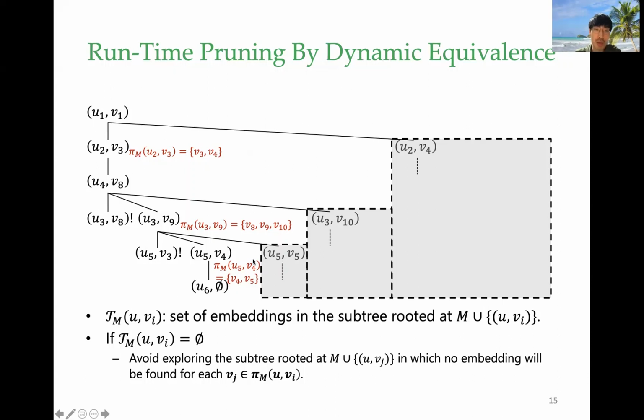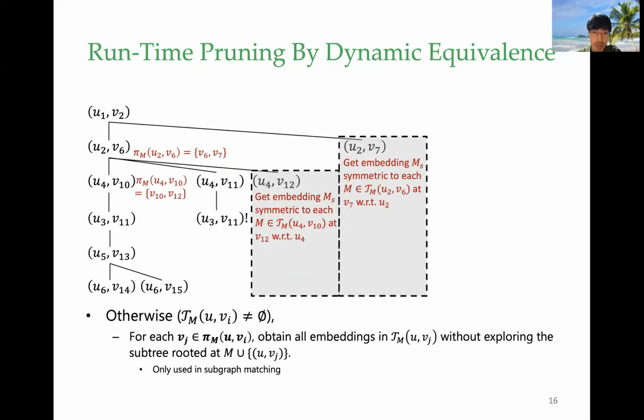So we simply skip mapping U5 to V5 and backtrack to U3 to V9. At the moment, we also know V9 and V10 are in the same equivalence set. So mapping U3 to V10 will lead to no embeddings as in the previous subtree rooted at U3 and V9. In this way, we skip exploring these gray subtrees, in which no embeddings would be found.